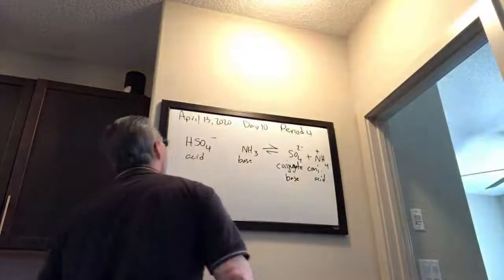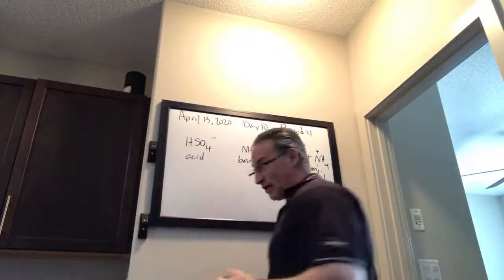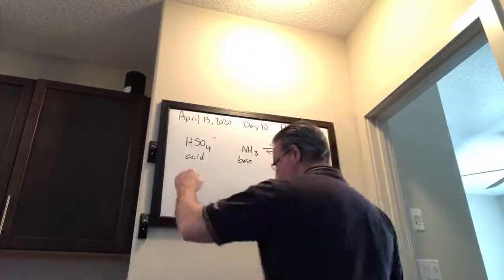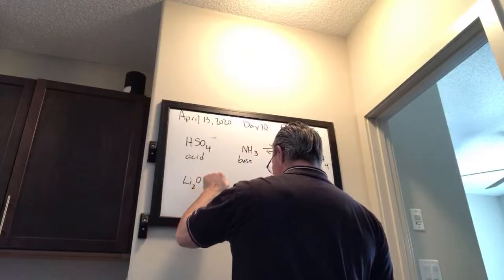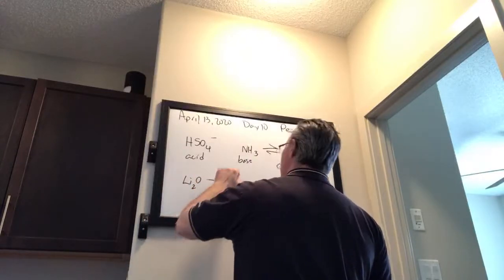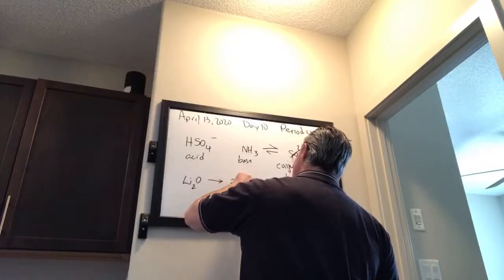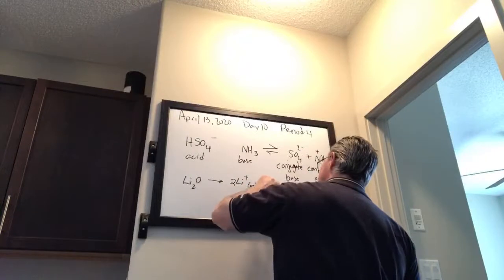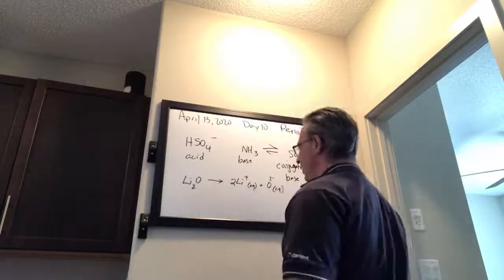So they ask you for the example of lithium oxide. If you take lithium oxide, and you'll see why they're called alkali metals and alkaline earth metals. Lithium oxide is Li2O, and if you show it dissociating in water, you could say Li+ aqueous plus oxide aqueous. Now that's not really going to persist for very long in aqueous solution.